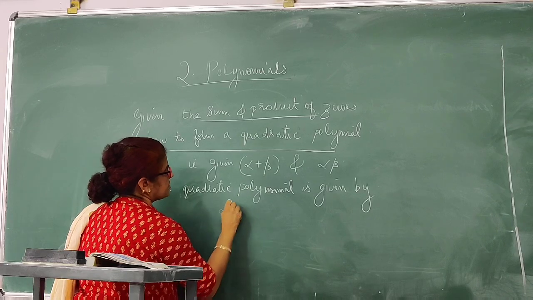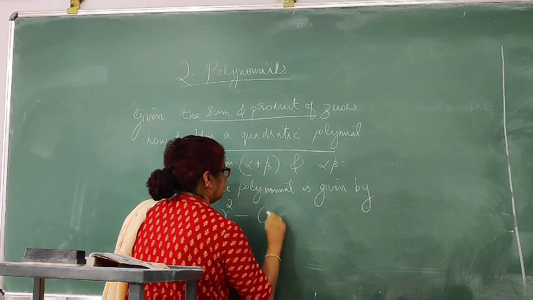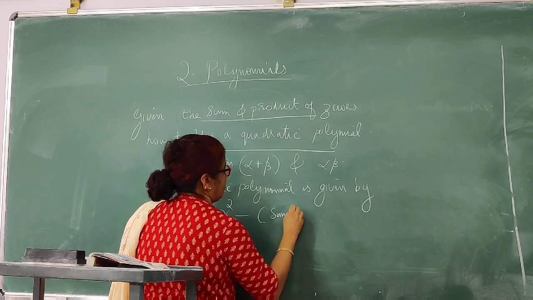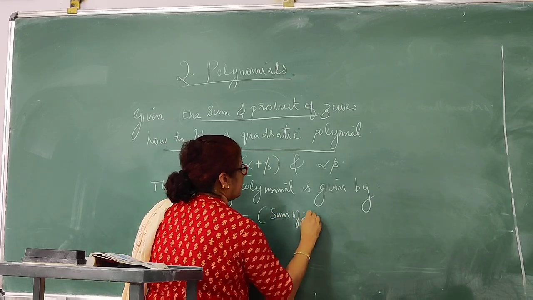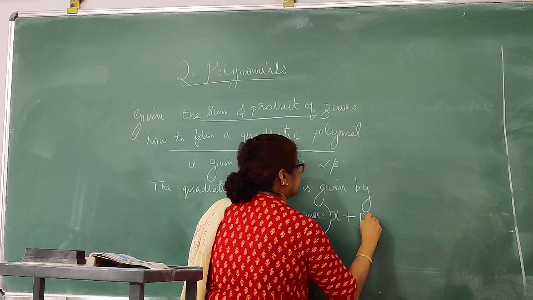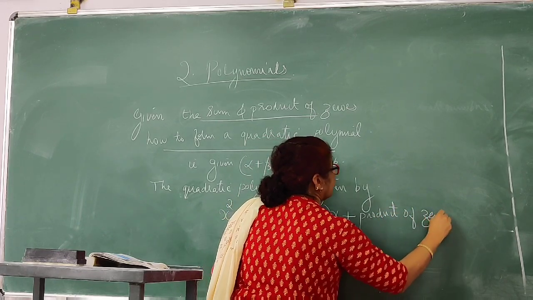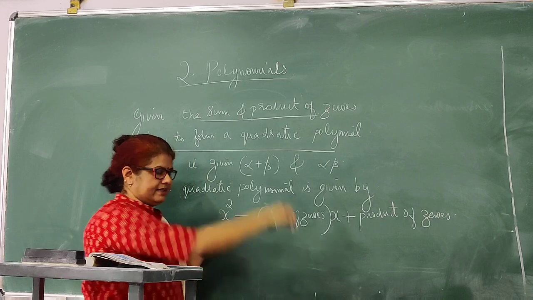the degree is 2, x square minus sum of zeros into x plus product of zeros. This is the method. This is the easiest method.